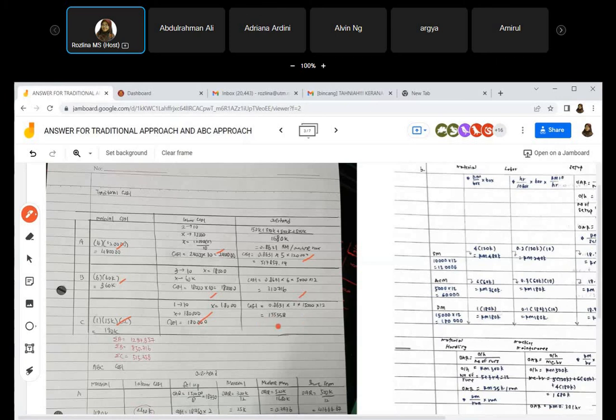Okay, this one seems far off. Try to check this one. 564, right? 564 or 561? 564. Oh, this one is 4.